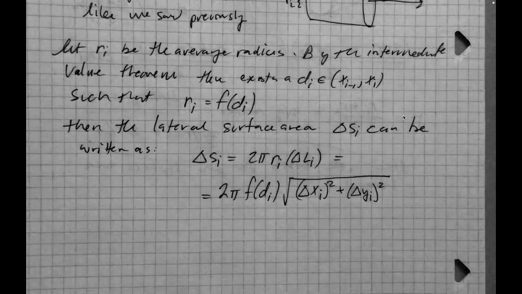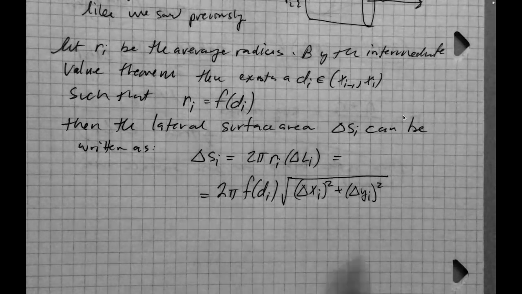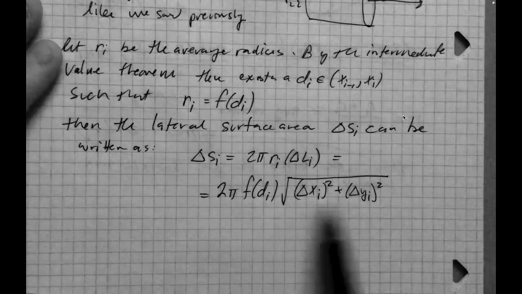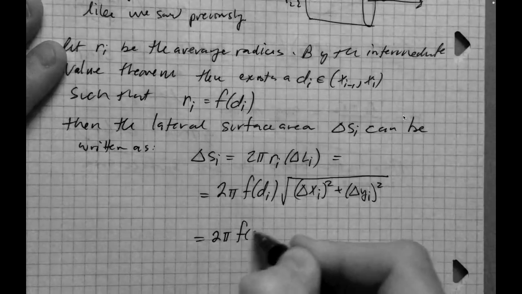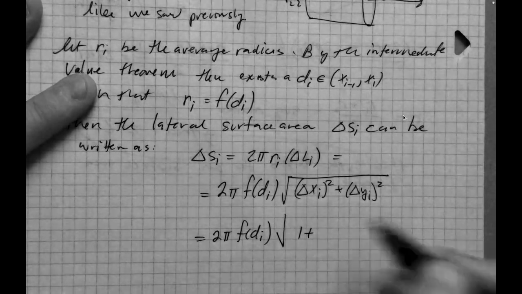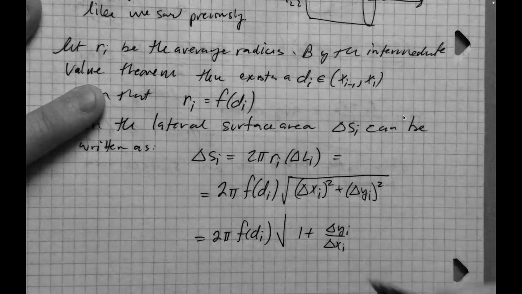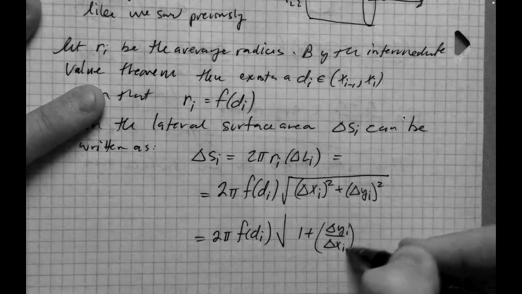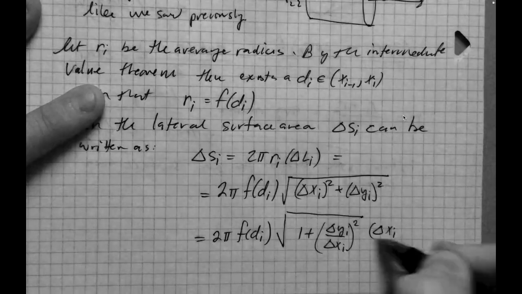Okay, and then this piece here, we can do the exact same trick that we did in part A of this lecture, when we were talking about the arc length. We had this long algebraic trick, but basically we can turn this into 1 plus delta yi over delta xi, squared, times delta xi.